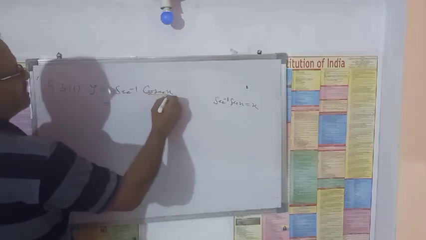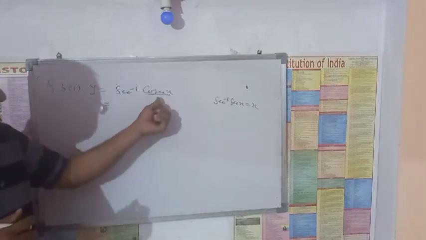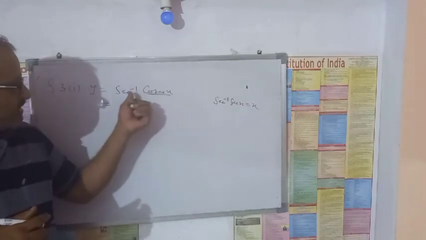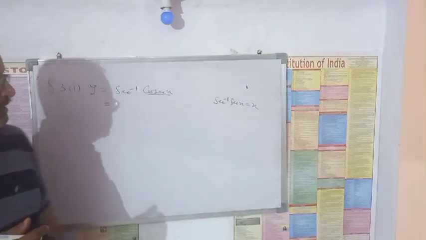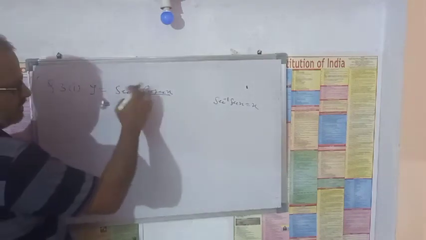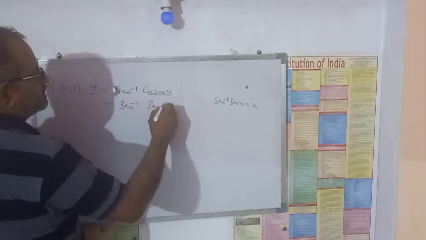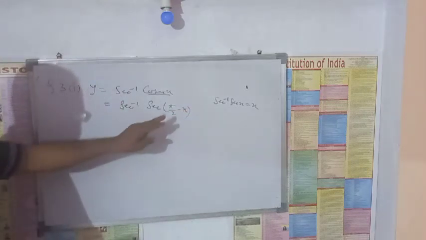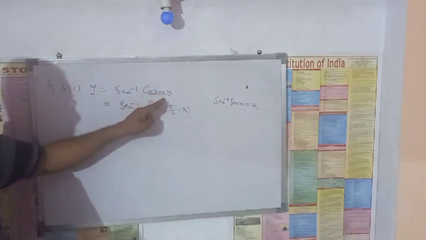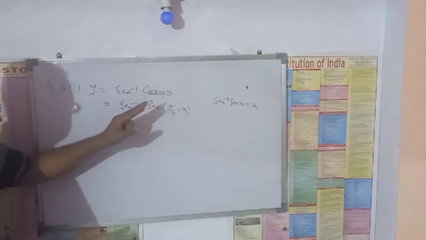So we have to change this cosec x in terms of sec x so that we can apply this property. How can we change cosec x into sec x? We know that sec 90 minus theta is cosec theta. So sec of pi by 2 minus x is cosec x.